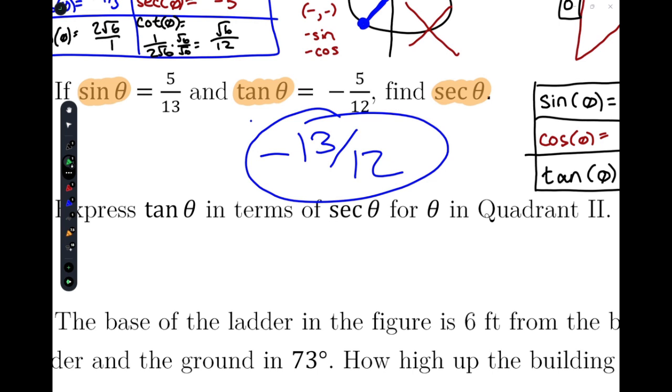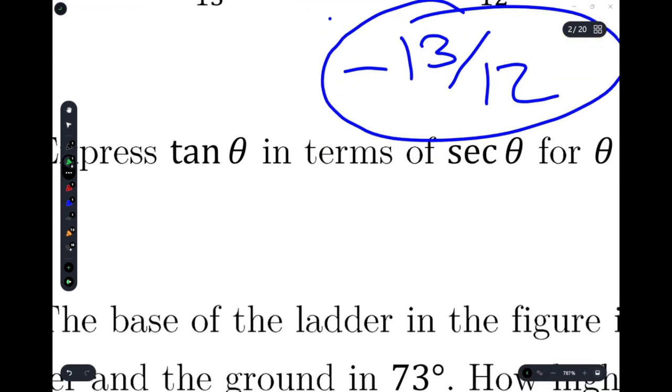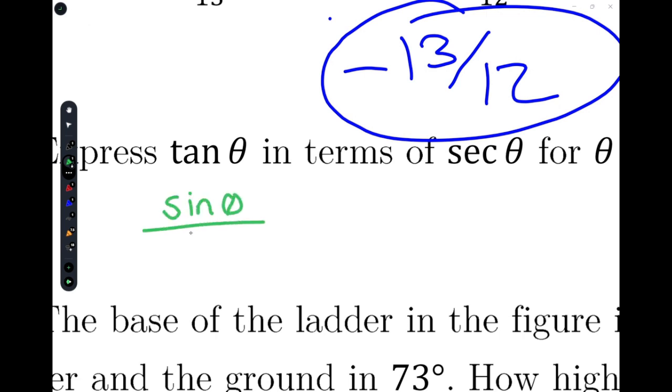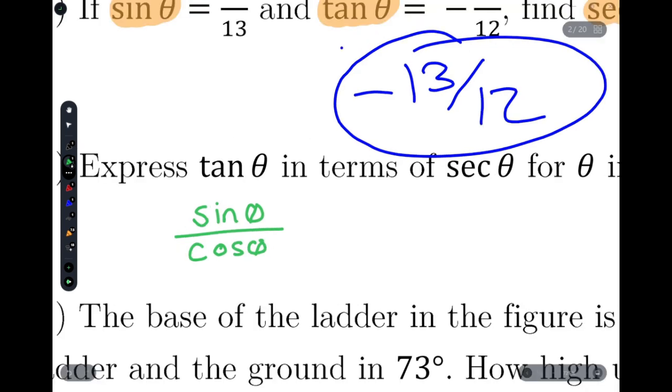Nobody's got the formula? It's got a secant squared, a 1, and a tangent squared in it. I think what I did was I just made tangent sine over cosine. Yeah. That's what I would do too. I would say tangent is sine over cosine. Right?